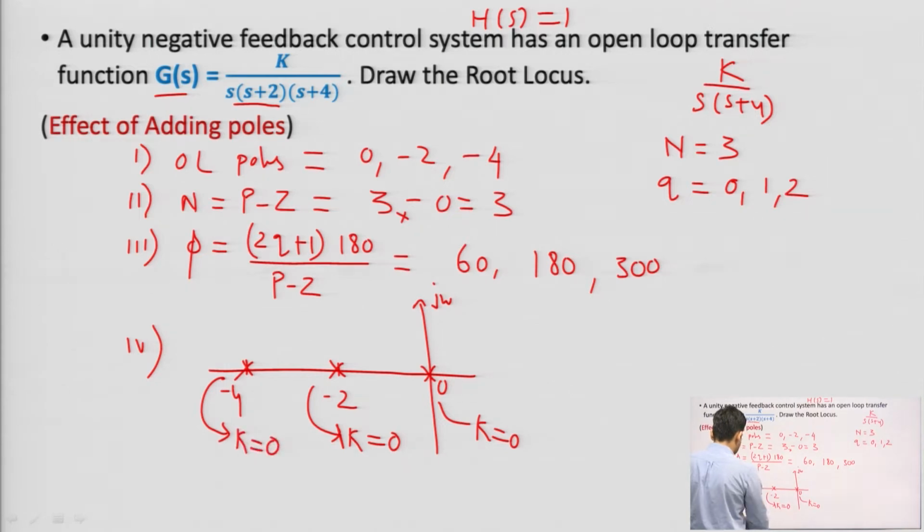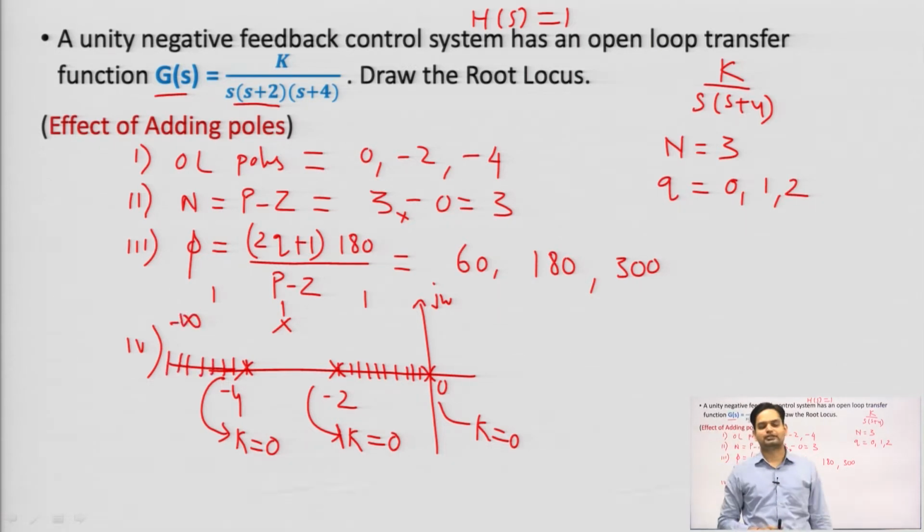Now I would like to know what is my valid region of the root locus. If I am standing here, the number of poles on the right is 1, which means this region is valid. If I stand here, I will find 2 poles on my right side, which means the count is even, so this will not be a valid region. If I am standing here, the number of poles is 3, an odd number, which means this region till minus infinity is the valid region of the root locus.